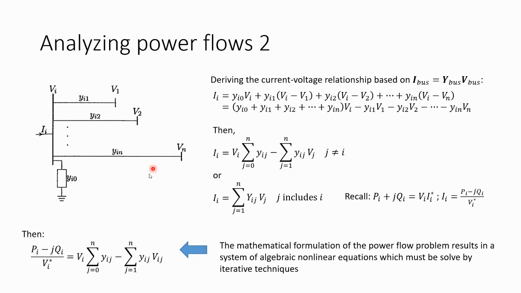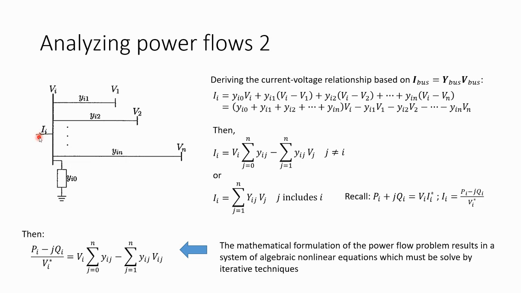So from the 4-bus network example, we notice that a bus can be said to be connected to any number of buses, represented by n number of buses. It can also be connected to ground and might have a current injected into it.